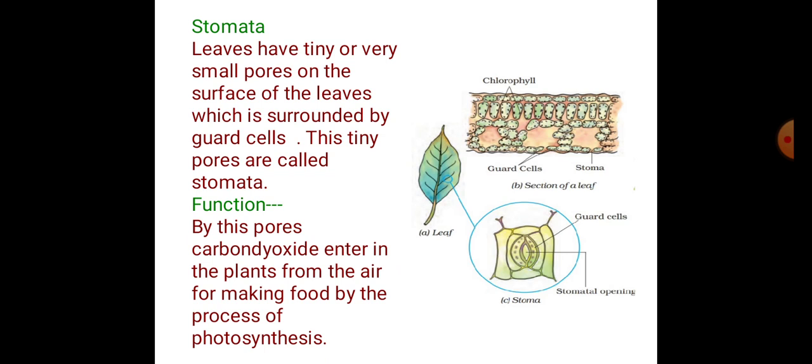So, we understand that green plants make their food in the presence of sunlight. Sunlight is very important to photosynthesis, along with the help of chlorophyll. Chlorophyll is another essential material which is important for the process of photosynthesis.